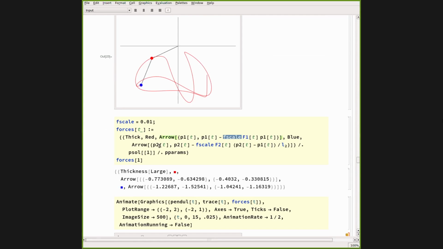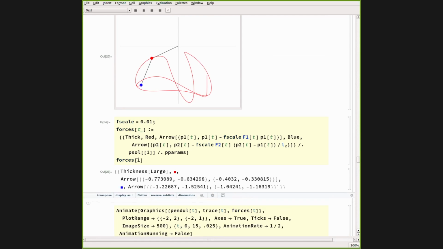to point P2. Again, I'm substituting my solution and I'm substituting parameters, and this will be set as a function forces. So again, when I compute it at any point, you see I obtain two arrows, one coming from this point to this, and the second as defined below.